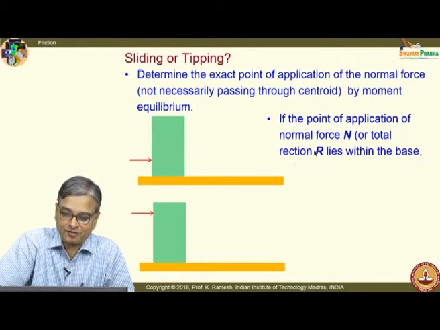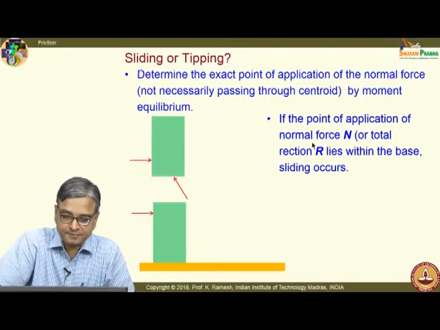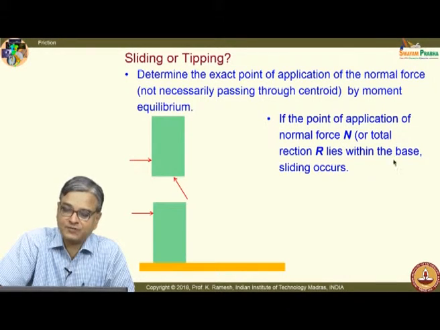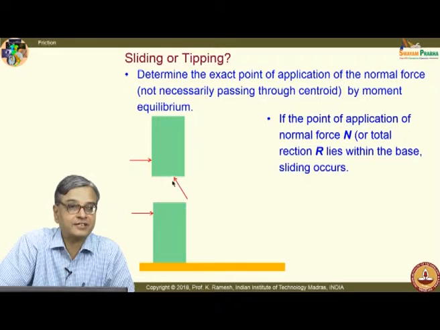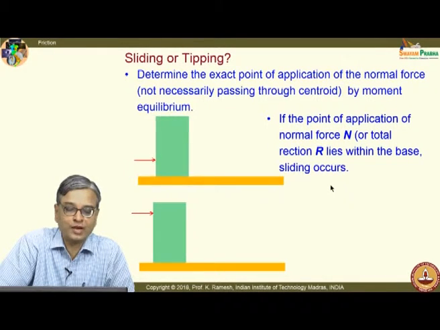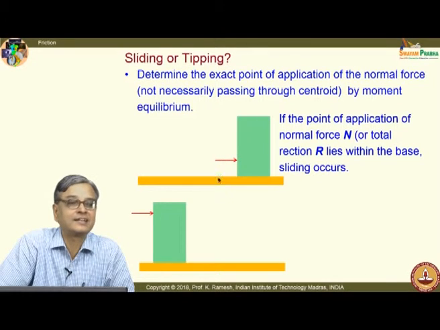If the point of application of normal force N, or the total reaction, lies within the base, sliding occurs. The force happens here. There is a small spelling mistake here, please correct it. Okay. So, we have already seen how to find out the location of the reaction force, and if this is so, then you will have only sliding to happen.